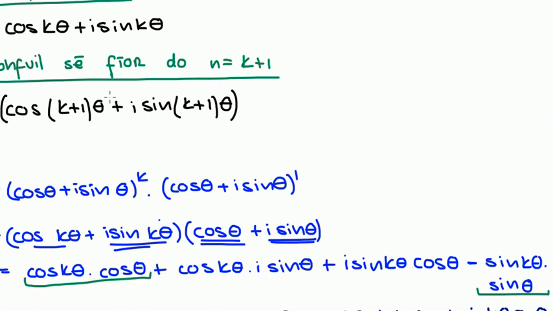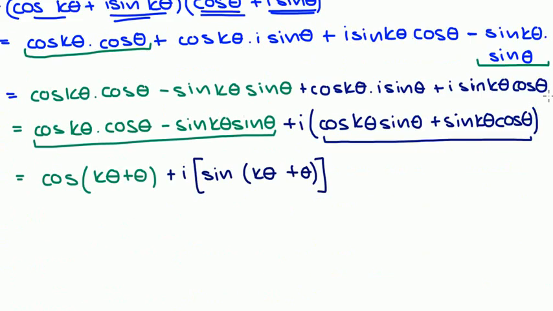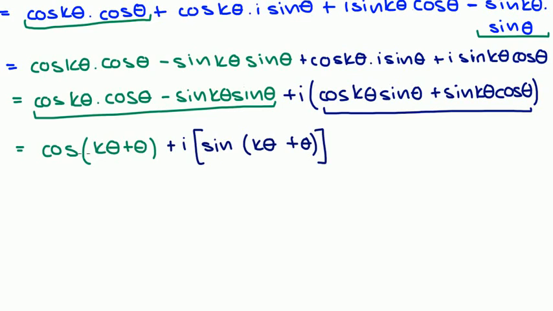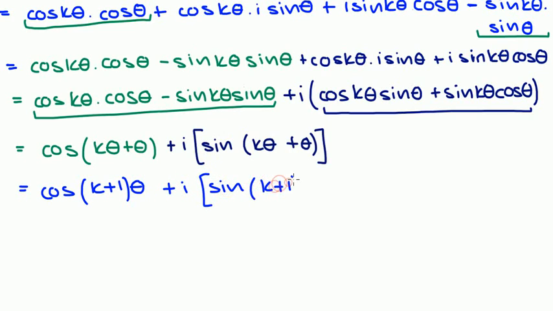If we scroll up, we see that we want it in the form of (k plus 1) theta. So what we're going to do now is factorize, just take the i on the outside of the bracket. So we will have cosine (k plus 1) theta plus i sine (k plus 1) theta.